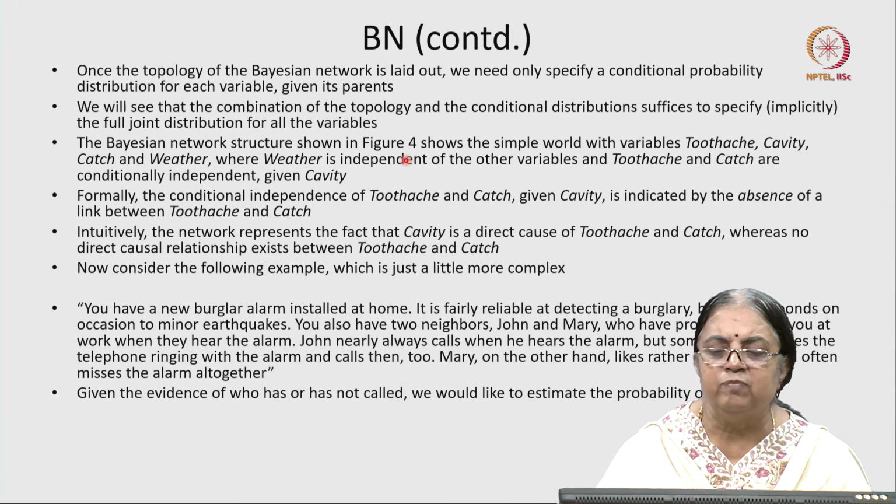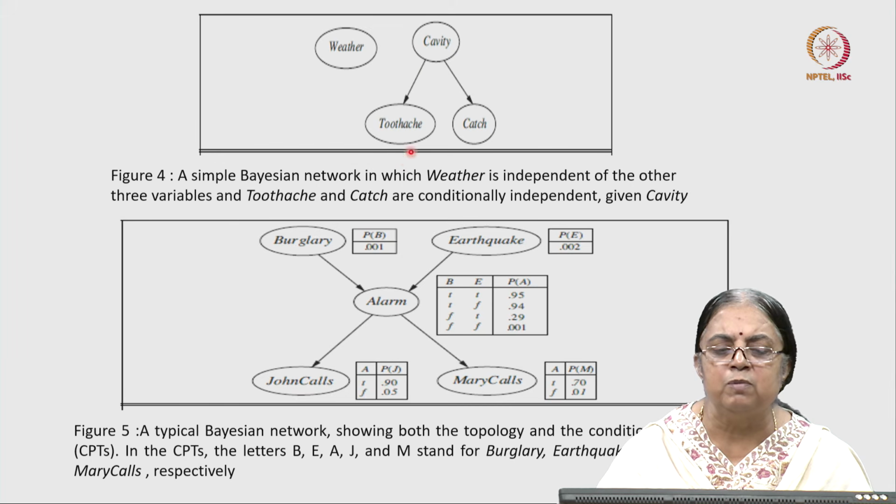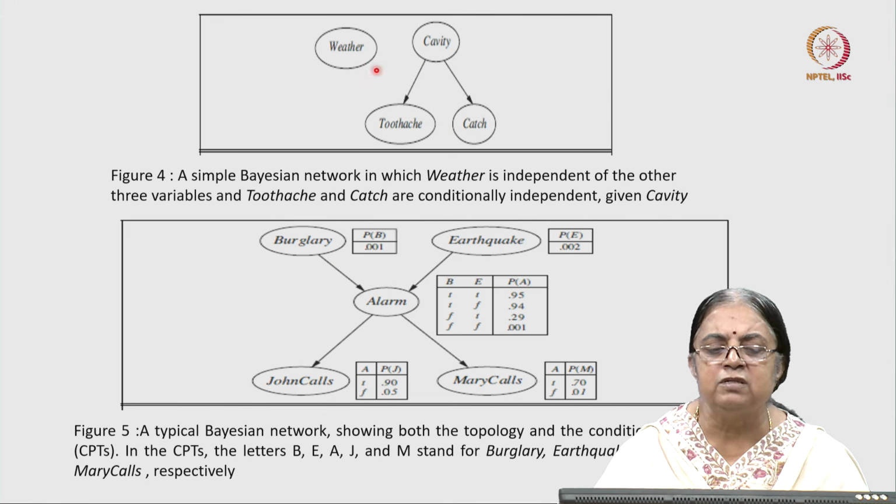So, here we have the Bayesian network for this small set of 4 variables that we have: weather, cavity, toothache and catch. Here we can see that weather is independent of the other variables, it does not have any incoming or outgoing links. Then we have toothache and catch, which are dependent on cavity.